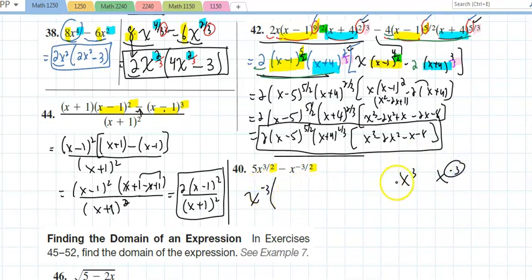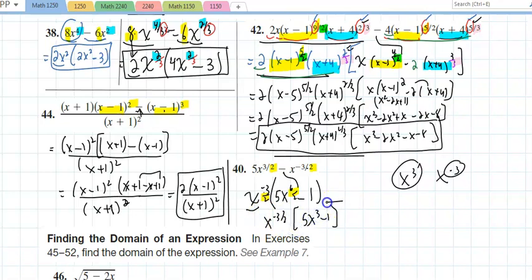And that would be what? x to the third divided by x to the negative 3, that's x to the 6, and a 5 minus, and since there's a 2 in the denominator, I'm going to divide this by 2 and this by 2, and there's a 1 there, and that leaves me with x to the negative 3 halves times 5x cubed minus 1.